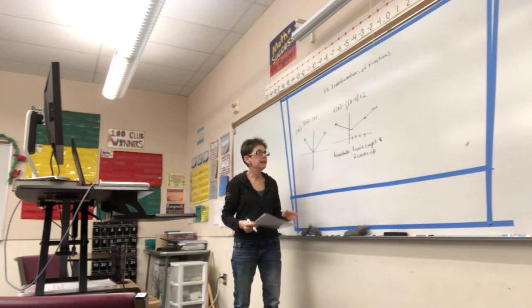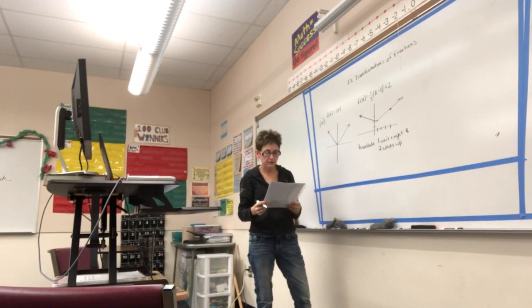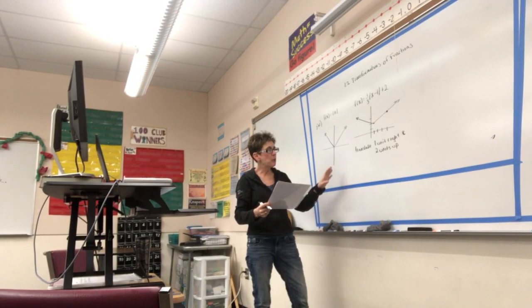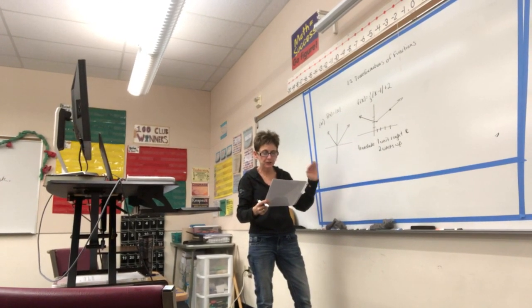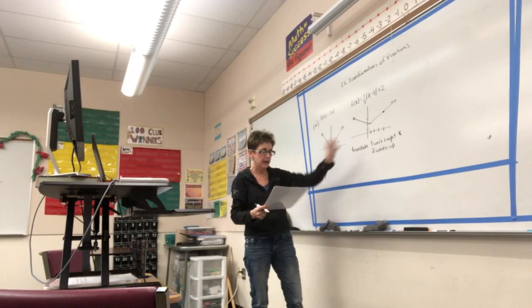Notice that 1 and 2 correspond to the x and y coordinate of the vertex. So in a translation, each point on the parent function is shifted left or right and up or down. So that was part of what happened here.